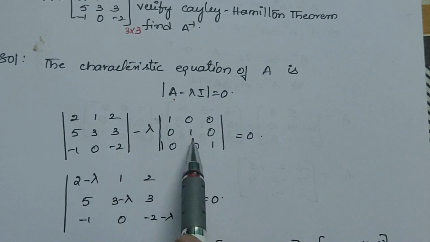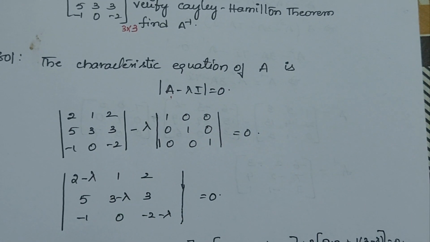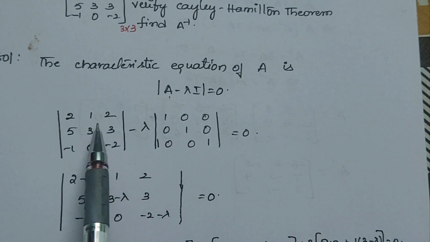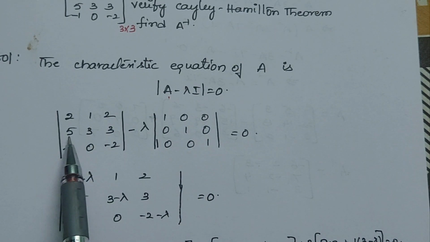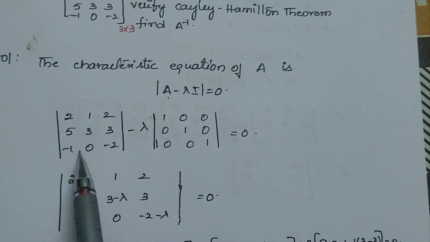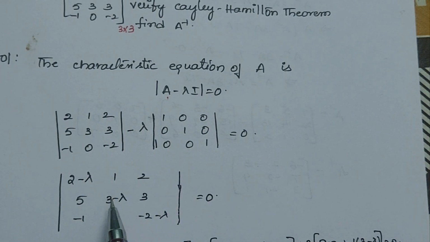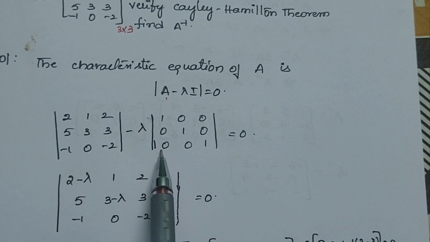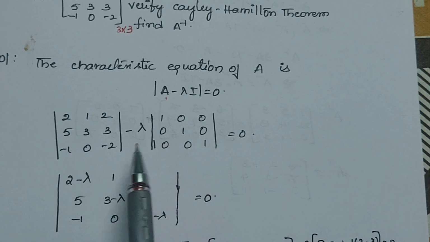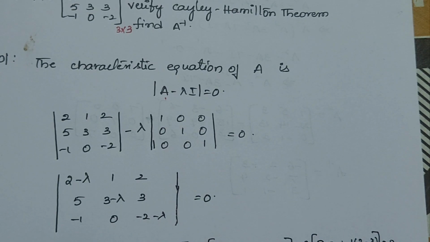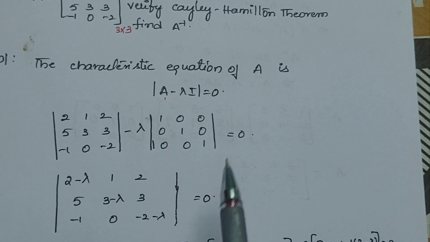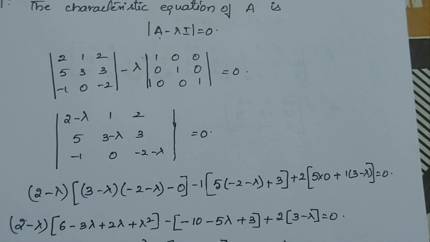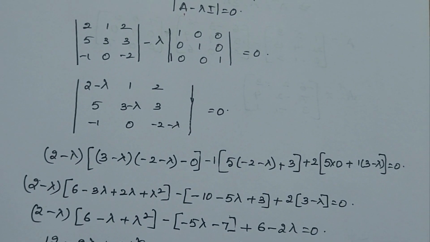So A minus lambda I: 2 minus lambda, 1 minus 0 is 1, 2 minus 0 is 0, 5 minus 0 is 5, 3 minus lambda, 3 minus 0 is 3, minus 1 minus 0 is minus 1, 0 minus 0 is 0, minus 2 minus lambda, which is equal to 0. So the det of A minus lambda I is equal to 0. Now we will find the det of this matrix.